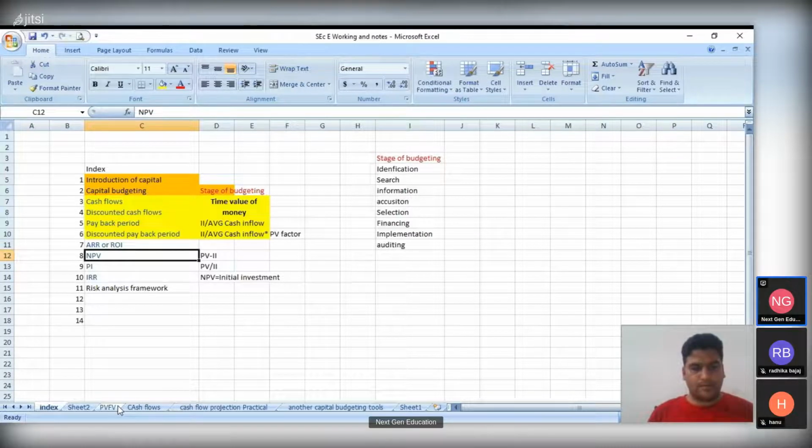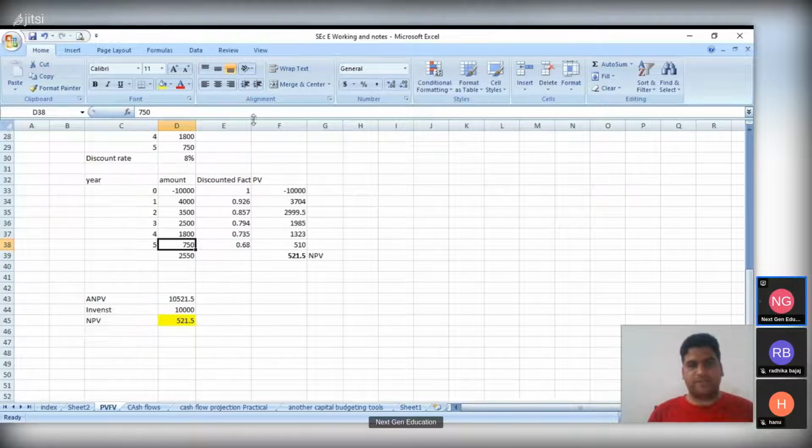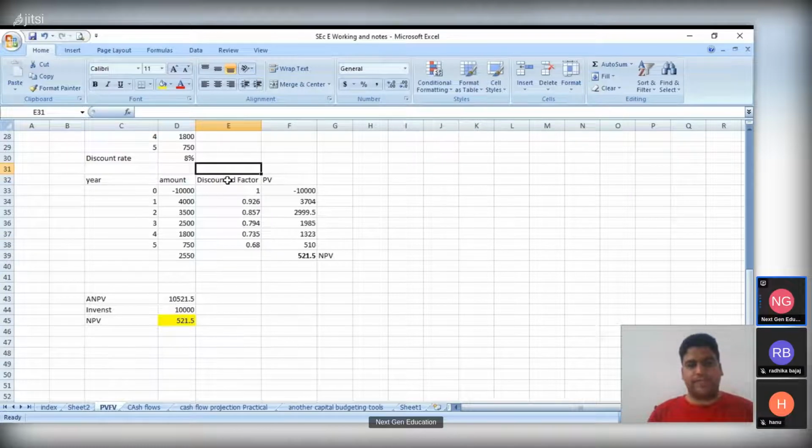Okay, this is my present value factor, and the discount rate is 8%, right? Now let me take the 10% rate. If my discount rate is 10% instead of 8%, what will be my result?